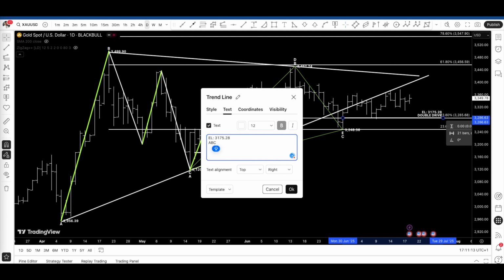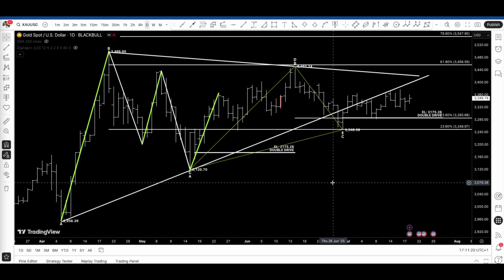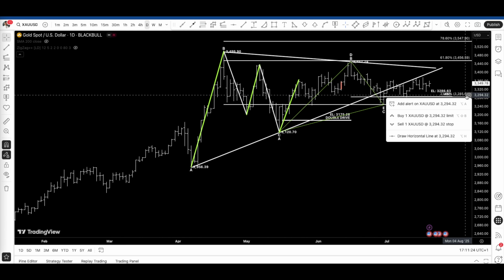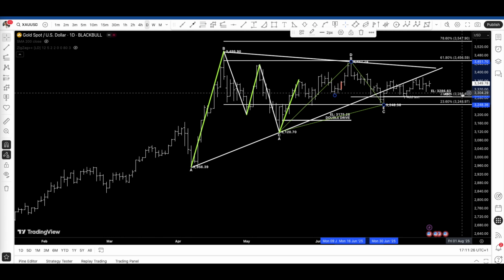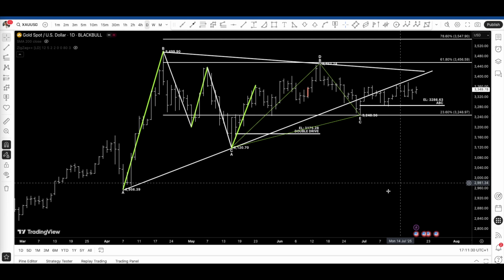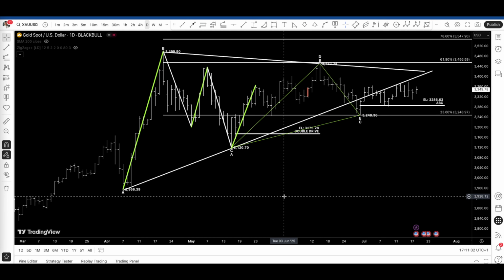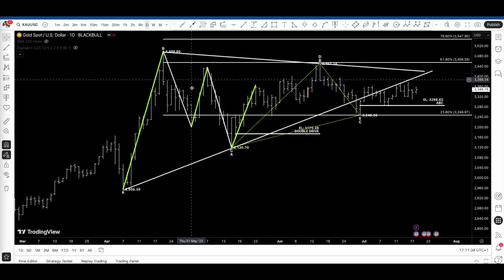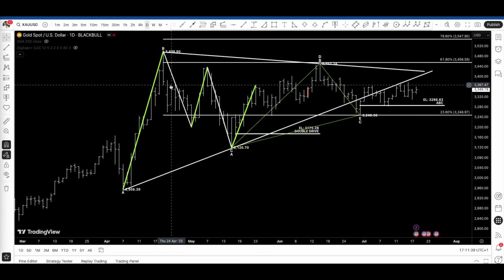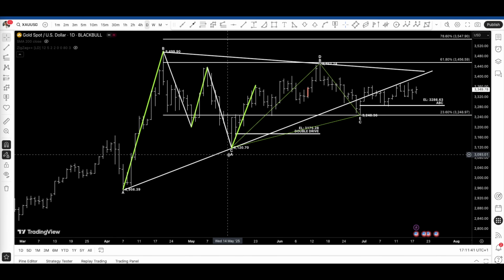This is the ABC. And I can remove the Fibonacci to keep a clean chart as much as I can. A, B, C, D, then A, B, C, then A, B, C, D, E, and then we have the A, B, C.